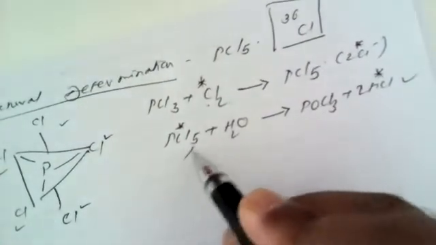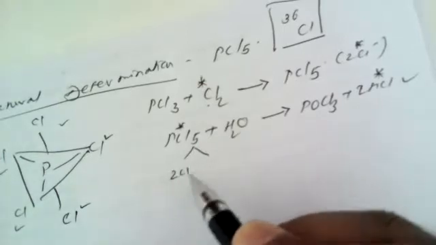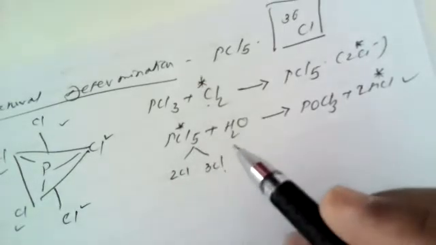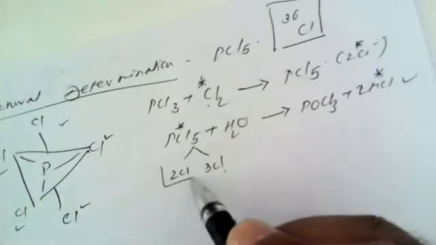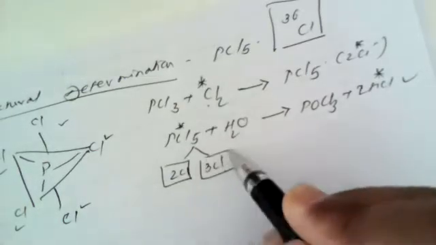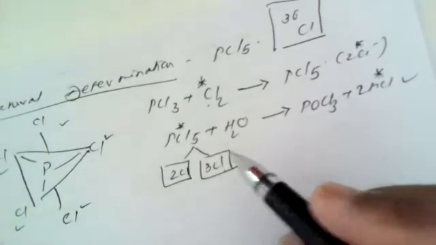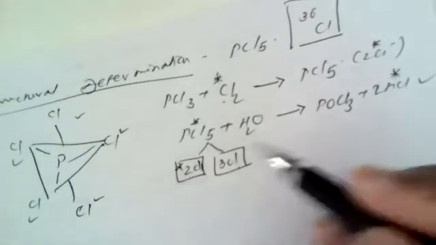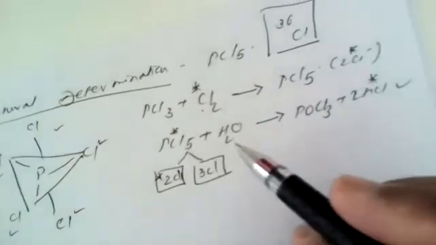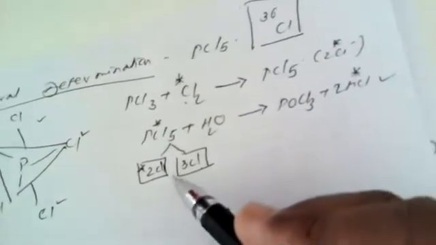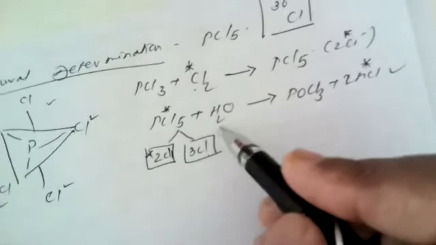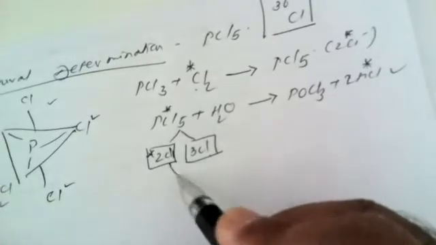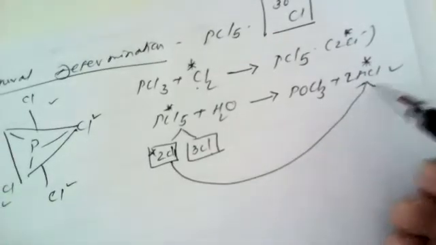Out of 5 chlorine atoms, there are 2 equivalent sets of chlorine atoms. So 2 chlorine atoms are alike, while 3 chlorine atoms are different. Why are these 2 chlorine atoms different? Because they are radiochlorine and this is normal chlorine. So whatever radioactivity is assigned, on hydrolysis of this reaction, that radioactivity lies with the acid.